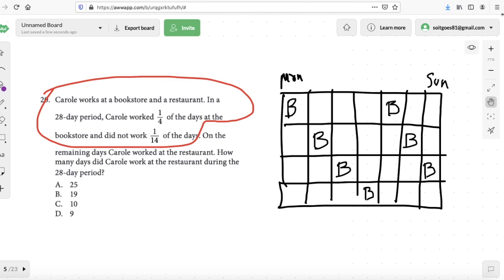Multiply 28 by 1/4, and that'll tell you the answer. So let's do that real quick. I'm going to turn 28 into 28/1, just because we're dealing with fractions. Here we're multiplying, but I like having a clear numerator and a clear denominator. Okay. So we're multiplying 28 by 1/4.